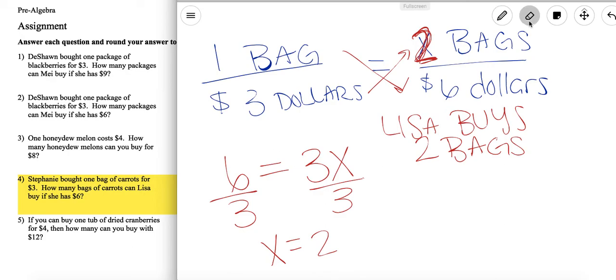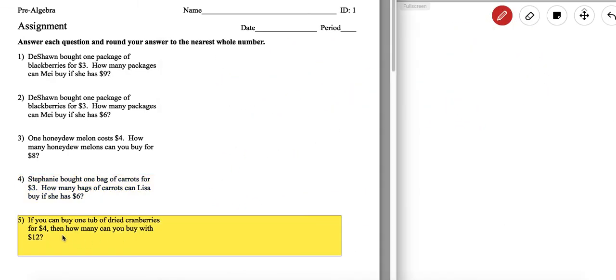Good. And last one. If you can buy 1 tub of dried cranberries for $4, man, all these are about food. Okay. If you can buy 1 tub of dried cranberries for $4, how many can you buy with $12?